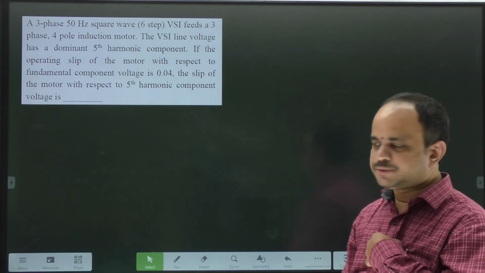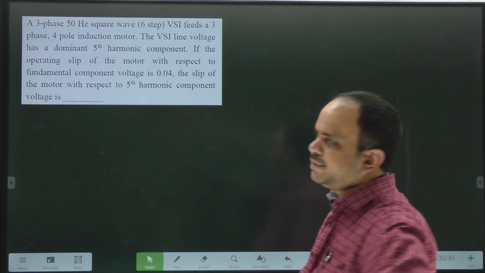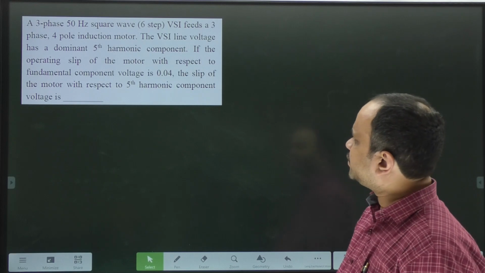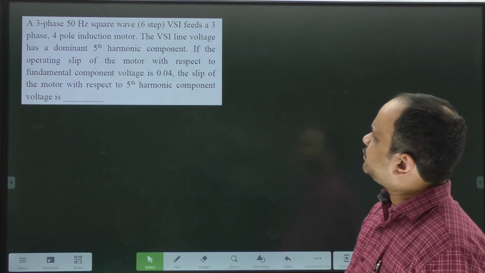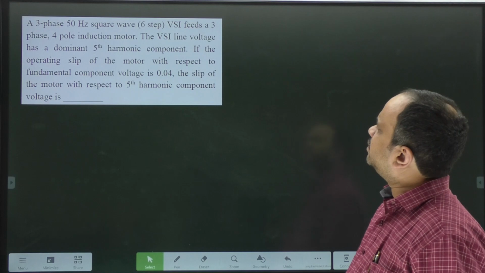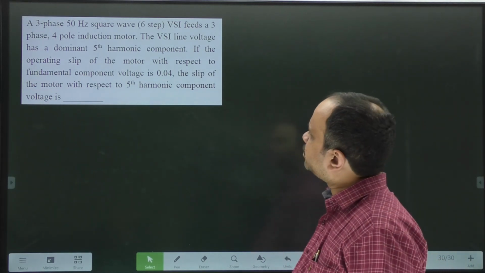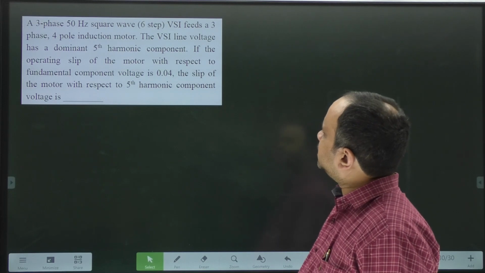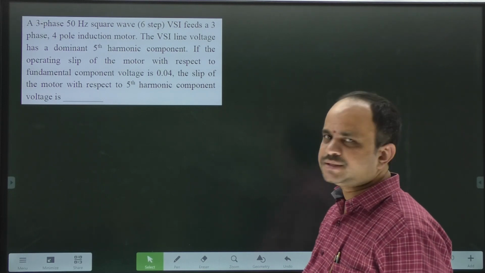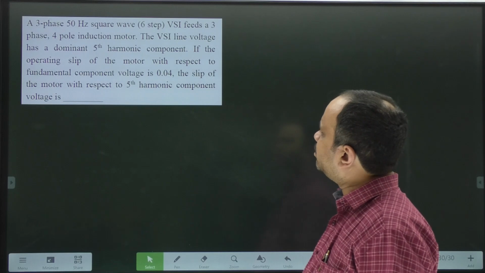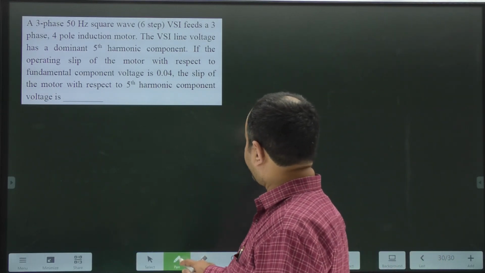Let us look into the next problem. This problem is another interesting concept. A 3-phase 50 Hz square wave voltage source inverter feeds a 3-phase 4-pole induction motor. The voltage source inverter line voltage has a dominant fifth harmonic component.